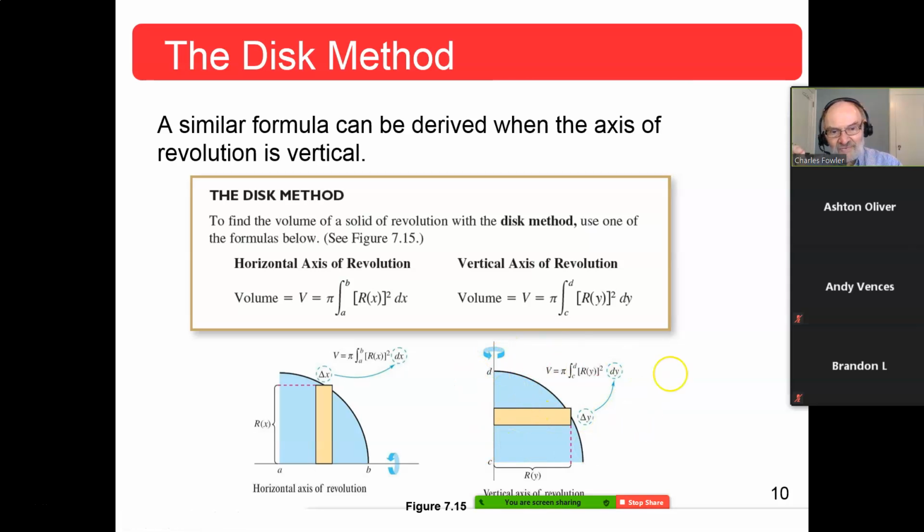You'd have to convert this to x as a function of y here, and whatever that function of y is, minus whatever the value for your vertical axis of revolution, that would be your r that you then square, and now you're going from c to d here. You square that r of y, and then you multiply that by dy, where on the previous slide it was a delta y.